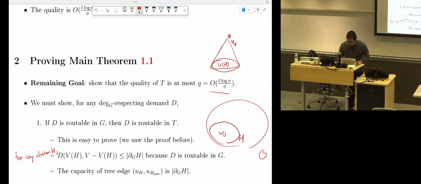This is V of H. So now the tree edge that goes between this and its parent has capacity that is also the cut size. This is at most the cut size.